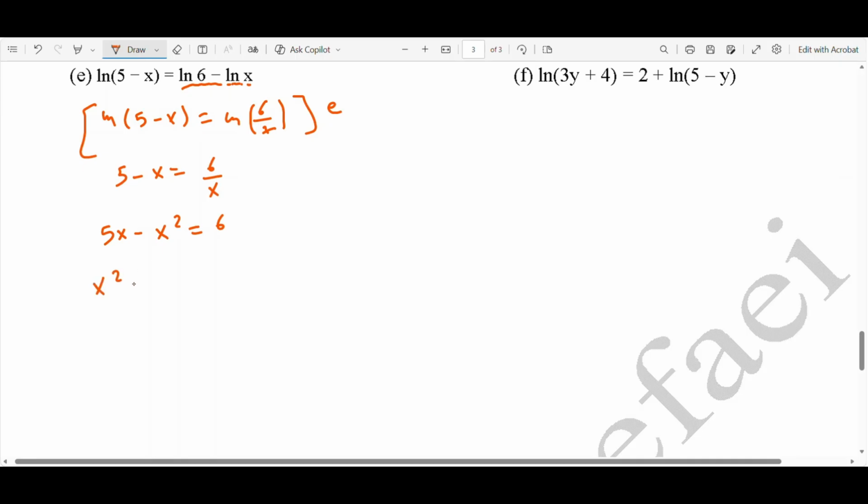So x² - 5x + 6 = 0. Factorize or use the general formula. (x - 3)(x - 2) = 0, so x = 3 and x = 2. Don't forget to check.